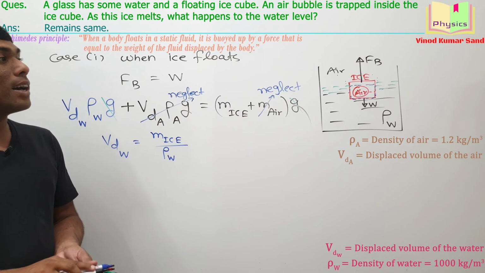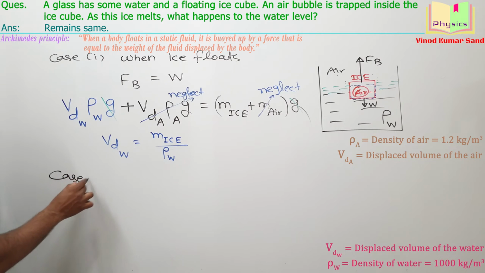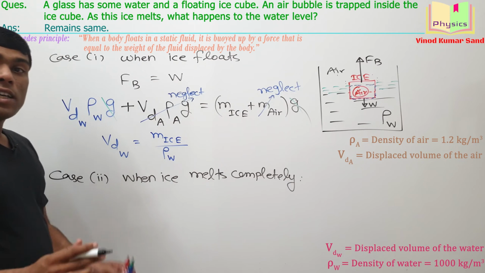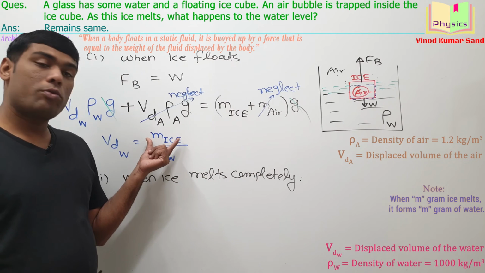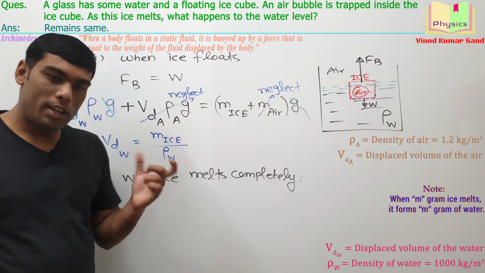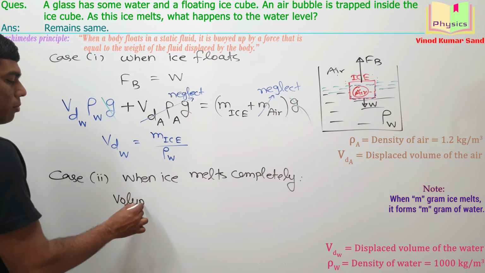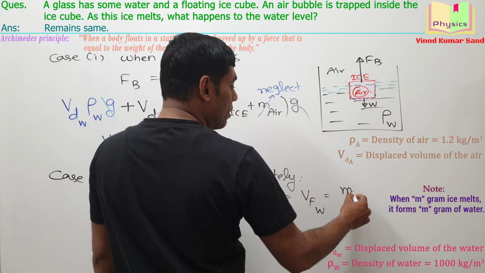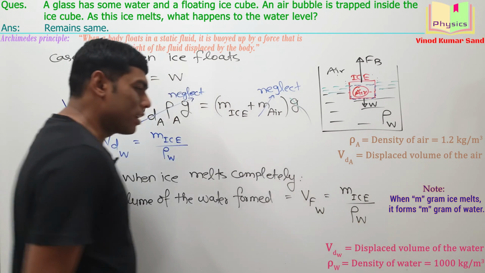Now, the entire ice melts, which we consider as case 2. When the ice melts completely, the m gram of the melting ice will form m gram of the water. So we can easily find the volume of the water formed is equal to the mass of the ice divided by rho water.